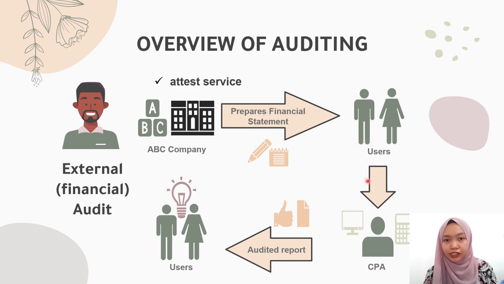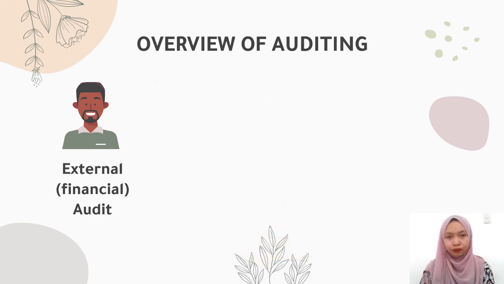Now, by engaging the services of an independent CPA, the statements will be audited and then checked against the generally accepted accounting principles, or the GAAP, and then a report signed by that CPA will be attached to these statements, and then the users will rely on that audited financial statements because these statements have credibility, they can be relied upon, and they are fairly presented. So this is how the attest service works.